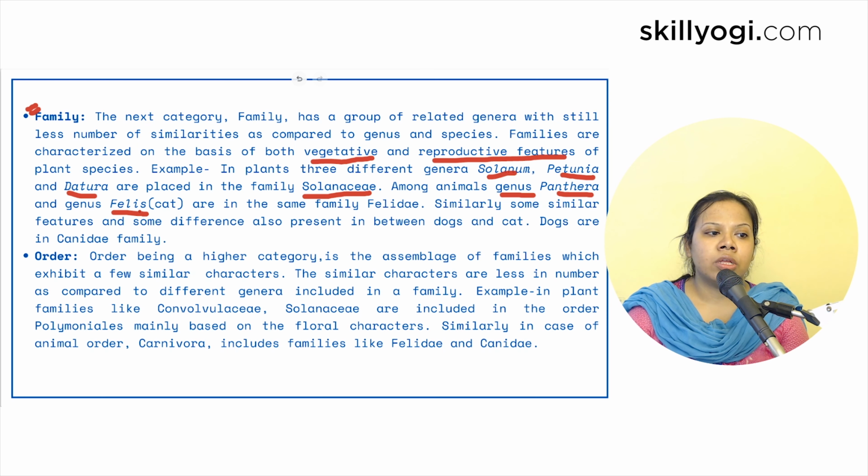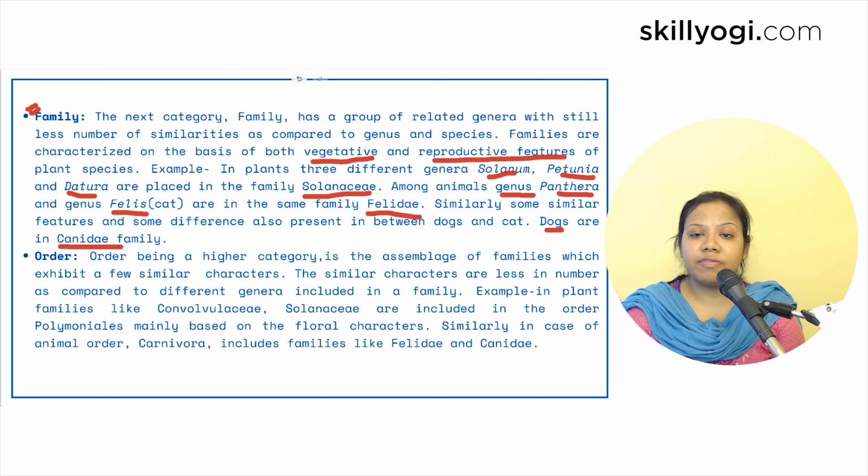They are both in the same family, that is Felidae. The dog is in the Canidae family.